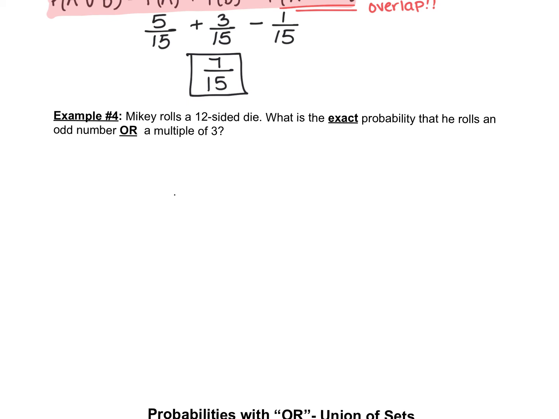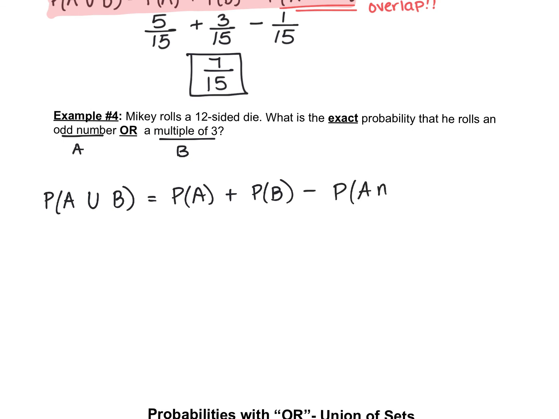Event A will be an odd number, and a multiple of 3 will be event B. So I want the probability of A or B, which is the probability of event A plus the probability of event B minus the probability of A and B. This is the OR again, and this is the symbol for and, which is my overlap, anything that's in common.